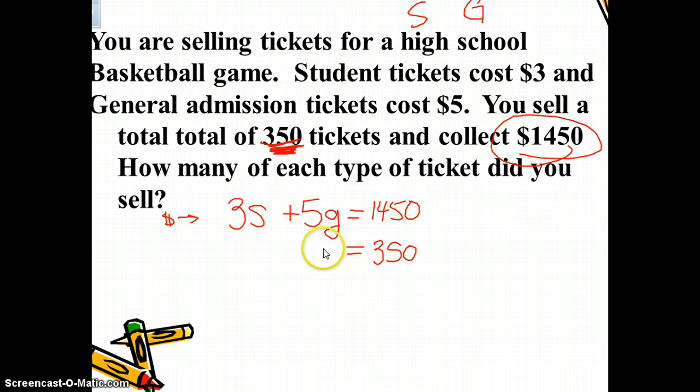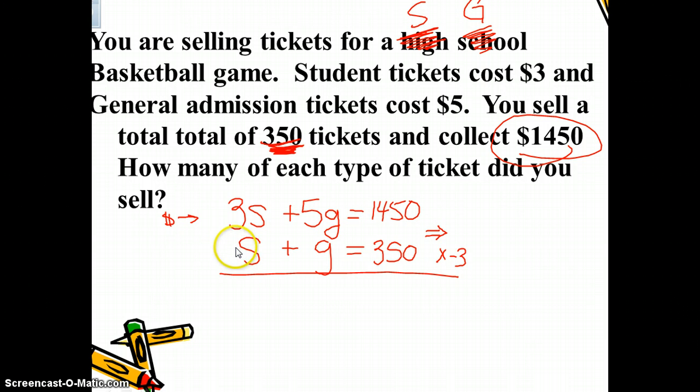So I just got to think, what adds up to 350 using S's and G's? And that would be the total number of S's, student tickets sold, the total number of G's, the general admissions sold. So I'm just going to do the S's plus the G's is a total of 350. So now, looking at this, you better recognize that this is an elimination problem. I'm going to take this bottom equation times -3, and that's going to put a -3s right here, and I should be able to solve it using elimination.